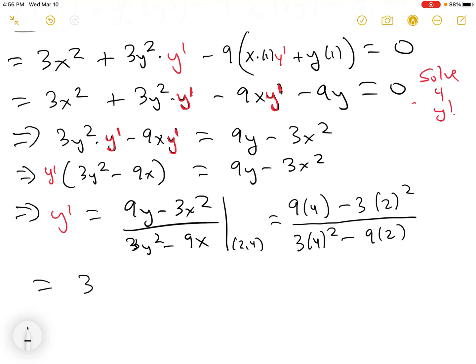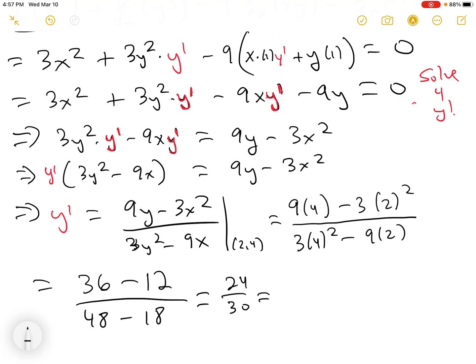And what's that? 36 minus 3 times 4 is 12, and then we have 16 times 3 is 48 minus 18. This is 24 over 30, which is 4/5. Right? 6 goes into 24 4 times, 6 goes into 30 5 times. So this is m tan.